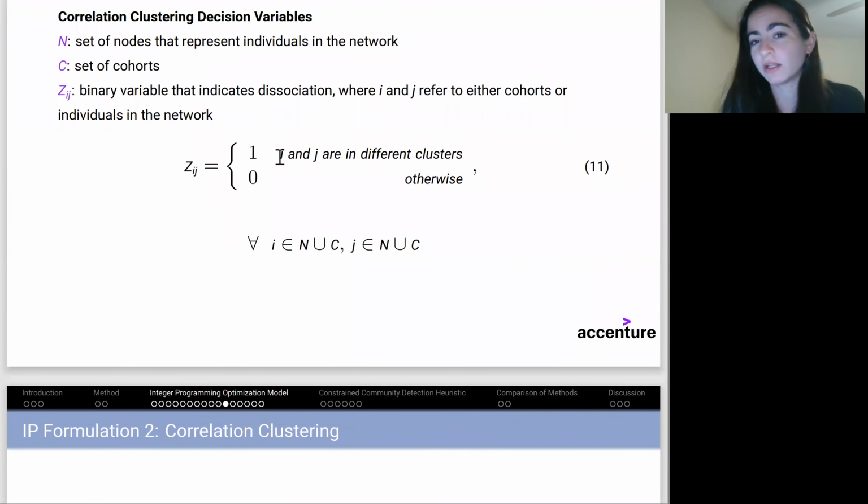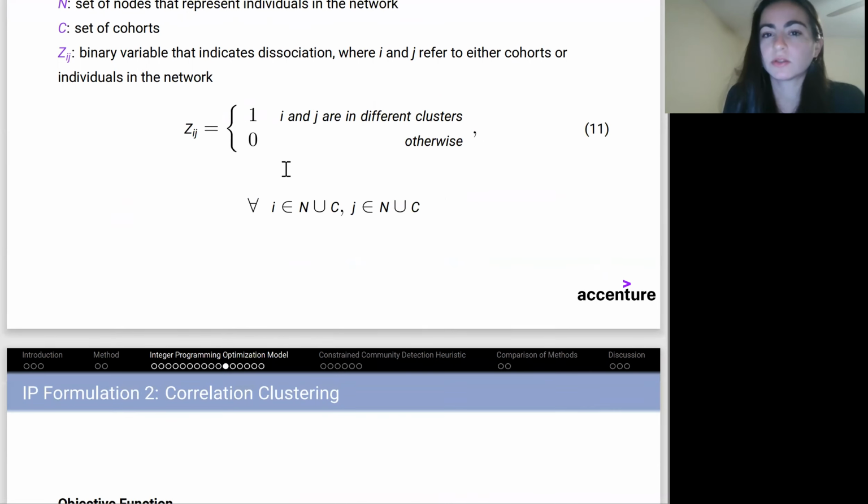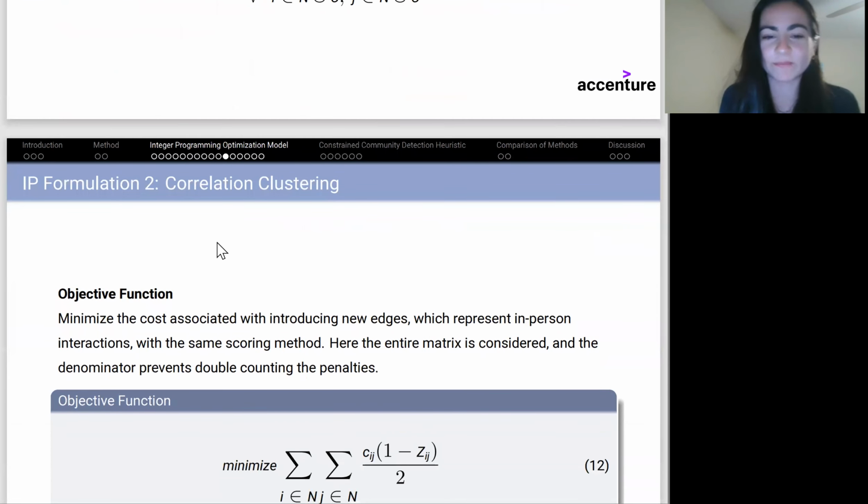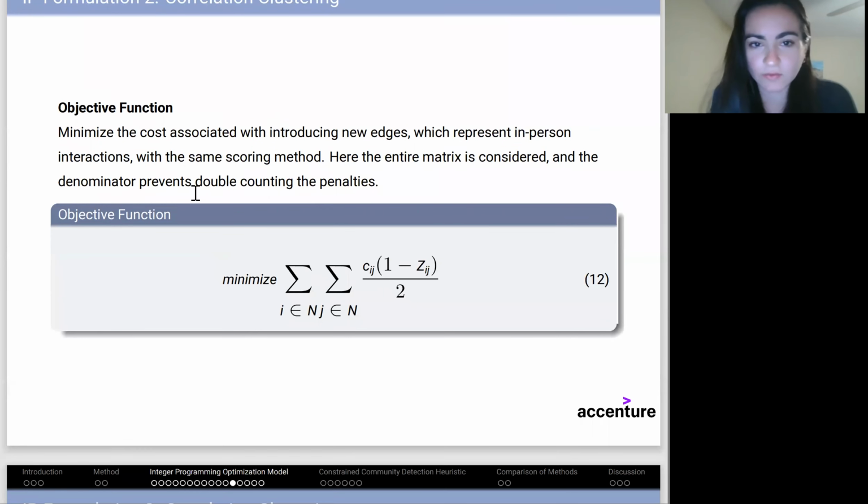And it's 1 if I and j are in different clusters, and 0 otherwise. So 1 for dissociation. Keep that in mind as we go through this. It's a neat way of showing this.